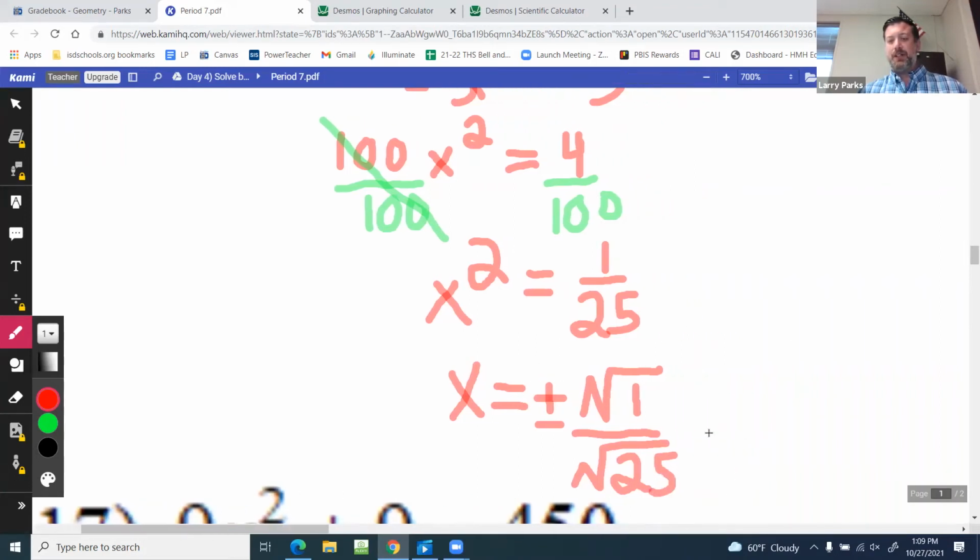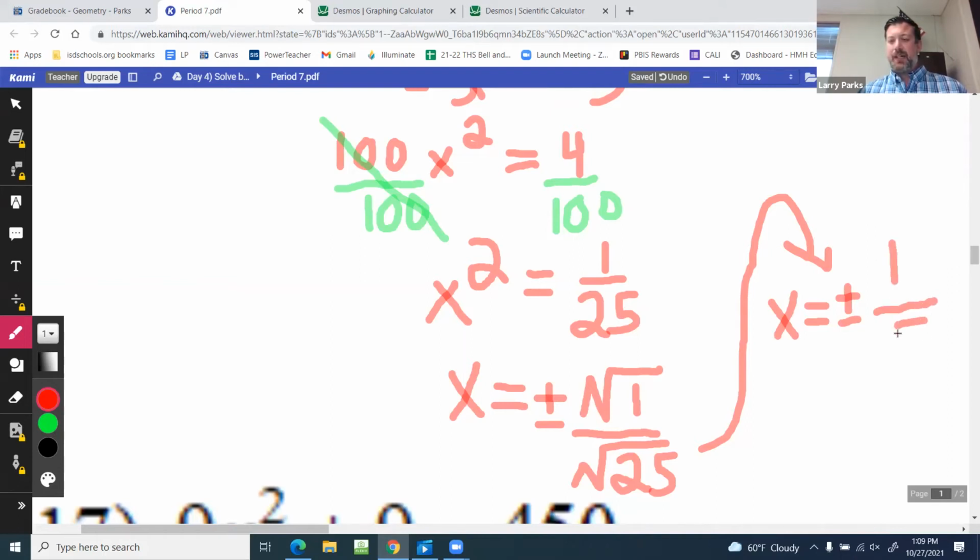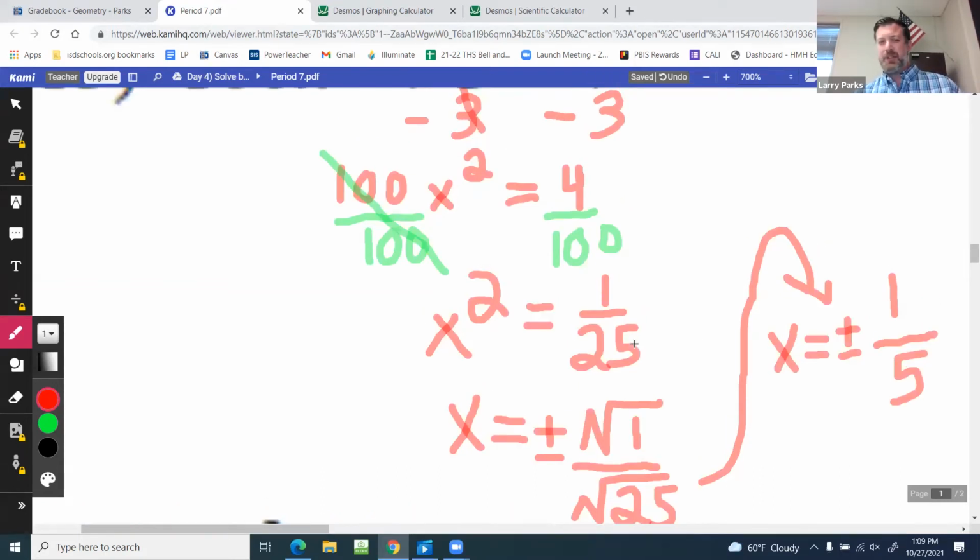Now, square root of 1 is just 1. Takes forever to write this stuff down. Square root of 25 is 5. So I just got x equals positive and negative 1/5. That's like 0.2 and negative 0.2.